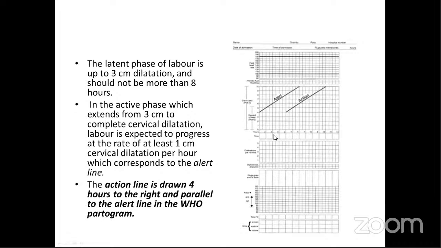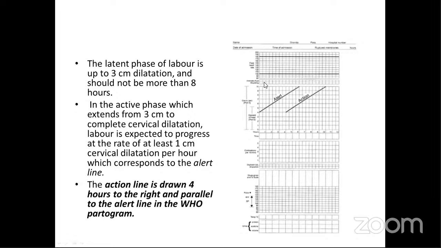And then 4 hours after the alert line, that is, you can see the big boxes here, 1, 2, 3, and 4, a line parallel to the alert line is drawn at the same rate of cervical dilatation from 4 centimeters, and that is called the action line. So what are the events which we record in the partogram is what we should learn next.